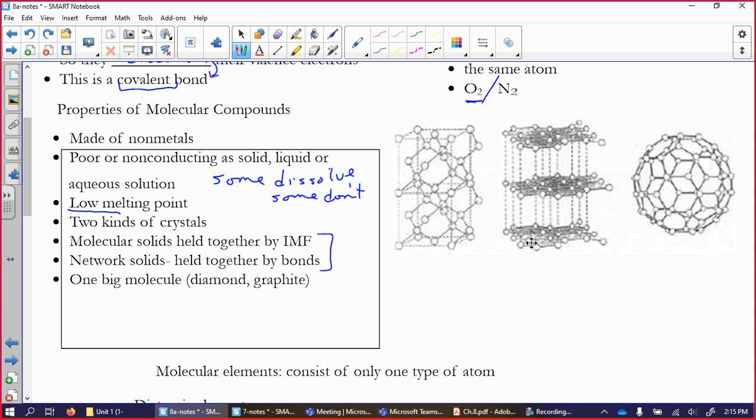These three pictures here, this is the structure that all the girls like, generally speaking. Diamonds. They're pretty, they're shiny. All of the carbon atoms are rigidly held in place. This is boring.